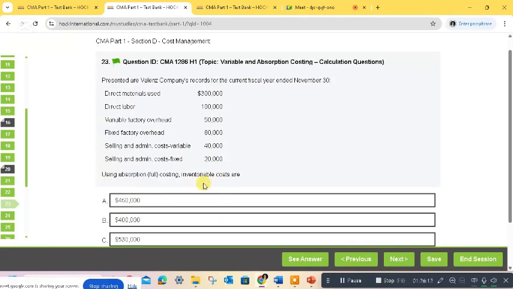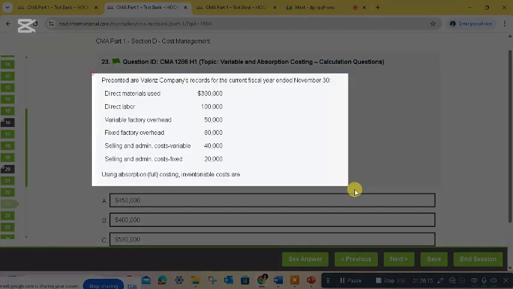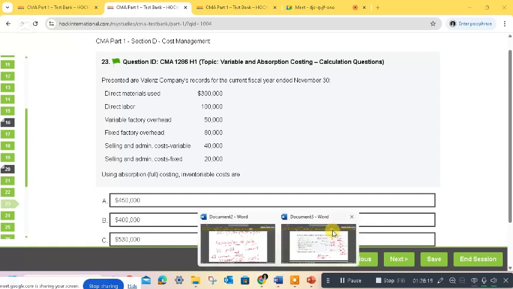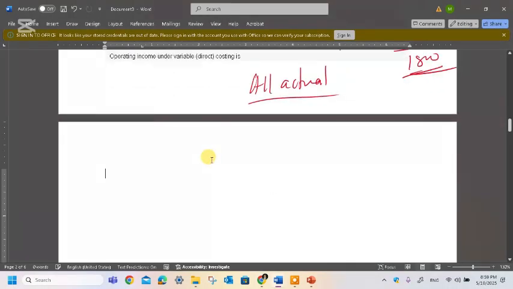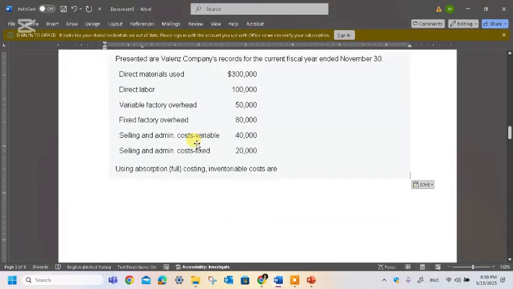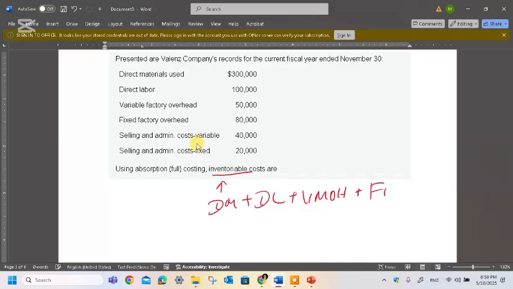Using absorption costing, inventory costs. So absorption costing means, this is for how many units they have done. They have not given how many units. Is it material used? Inventoriable cost. Inventoriable cost means material, labor, variable manufacturing overhead, fixed manufacturing overhead, all of them.